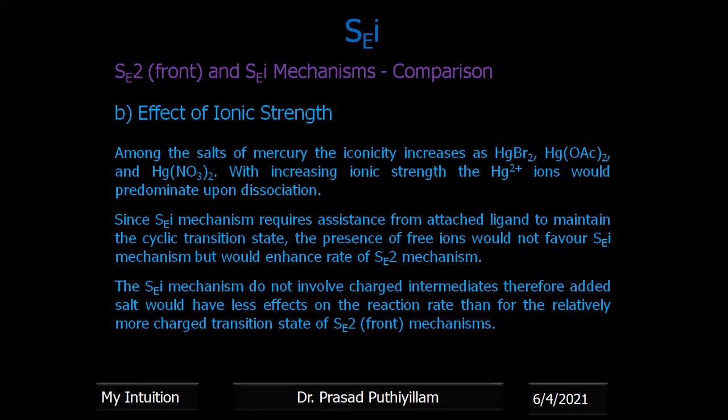That means a higher concentration of mercury ions will be there. SEI mechanism requires the assistance of the attached ligand to maintain a cyclic transition state. Presence of free ions will not favor the SEI mechanism, but it would enhance the SE2 front side attack mechanism. If more free ions are there, that will be favored.